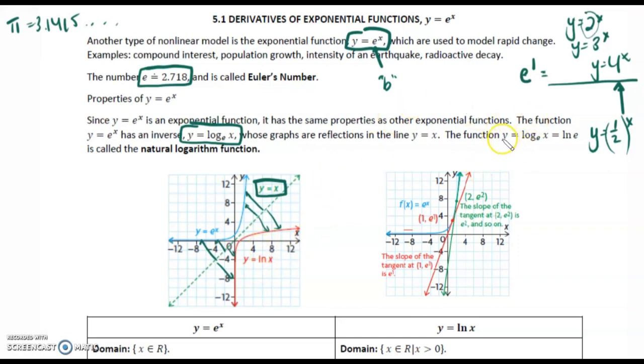So the function y equals log base e of x actually means just ln x. Okay, so these two are equivalent. And ln x is called the natural logarithm function. That's what it's called.